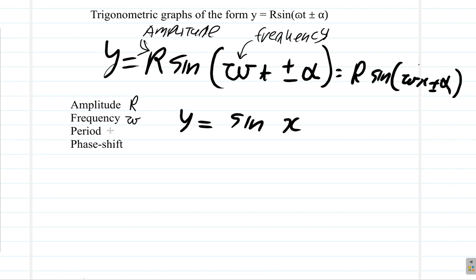Now here, the period, we said, was the time that it takes to complete 1 cycle. By the way, the period is the time to complete one cycle. If you double the frequency, you halve the period, and so on. So the period is 1 over omega, all right, inverse.